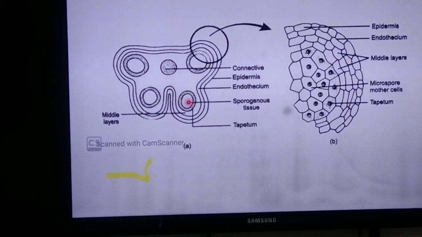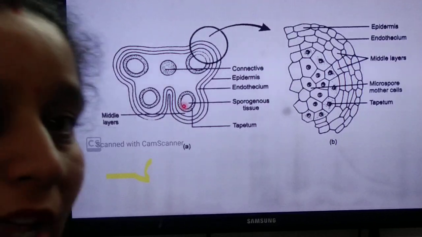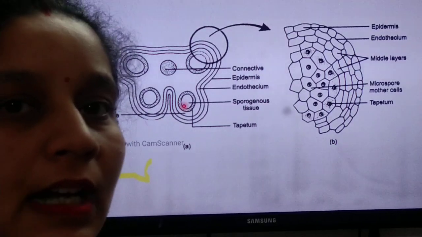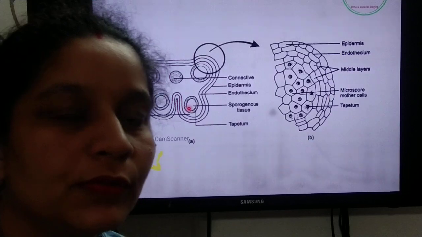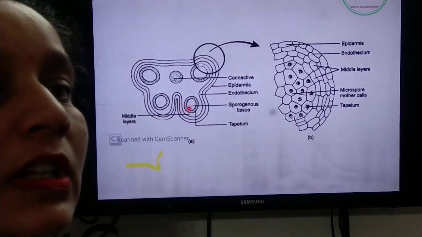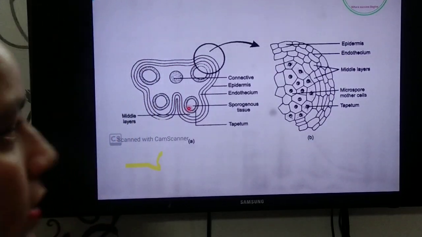These 4 spherical structures are earlier known as Microsporangia. You can say that one anther comprises 4 Microsporangia, which later on develop into the pollen sacs.